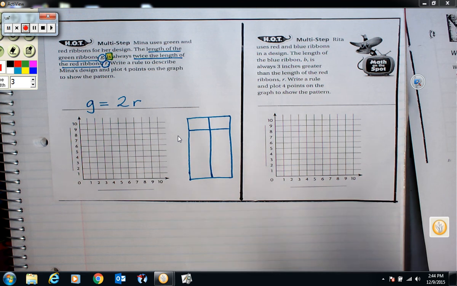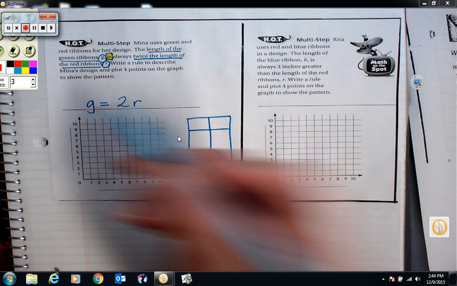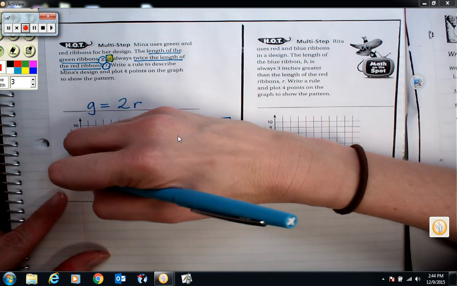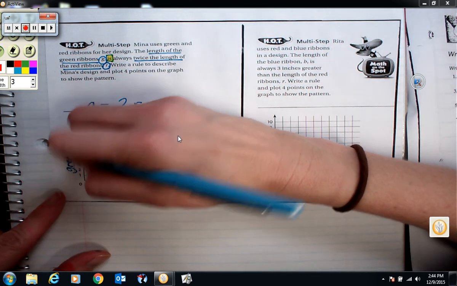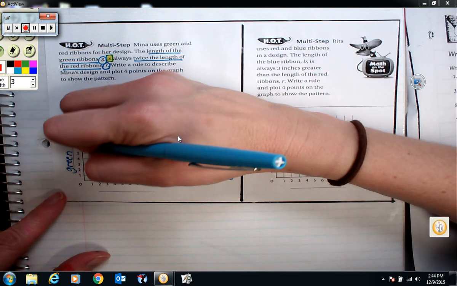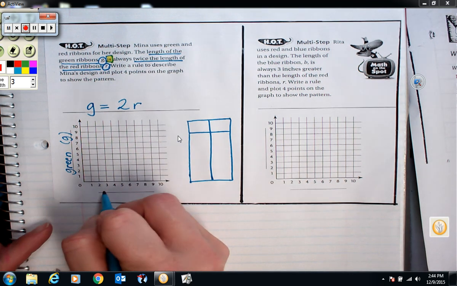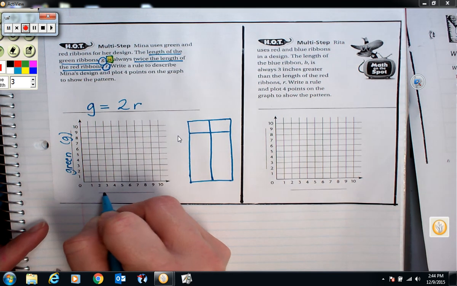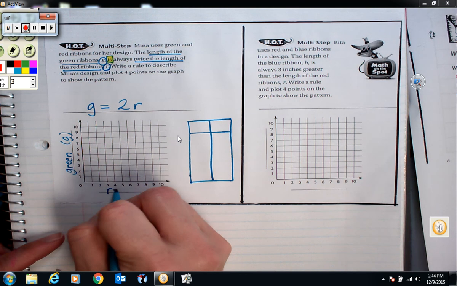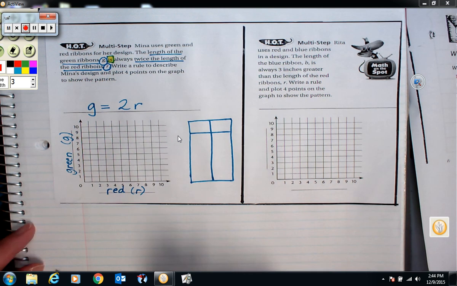The output is going to be the answer. So that means that G will be my output. I'm going to put it over here on the y-axis because the output is always on the y-axis. And the input is always graphed on the x-axis. So I'm going to graph red down here on the x-axis and call it R for red.